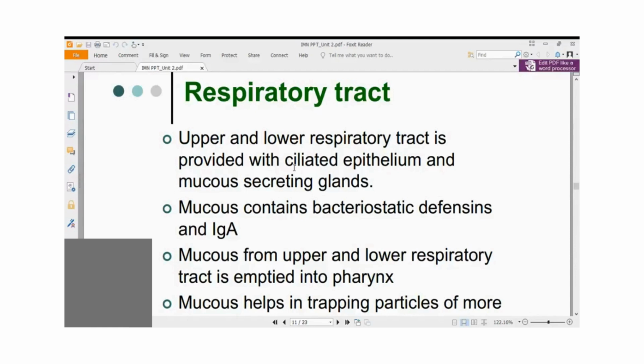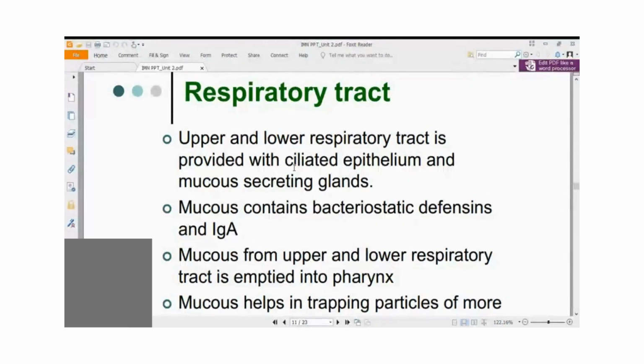I've given this example: in the gastrointestinal surface also you will have secretory IgA. In your saliva you have secretory IgA. In your tears you have secretory IgA. Remember that. Whenever IgA makes its presence in the secretory fluids, it is called secretory IgA. Details about that I will discuss when I talk about the properties of immunoglobulin A. Now, for the time being, keep in mind that a non-specific IgA is also there, which is bacteriostatic. Defensins and IgA in the mucous surface of the bronchial epithelium protect your bronchial epithelium.